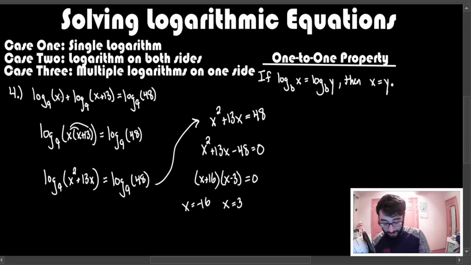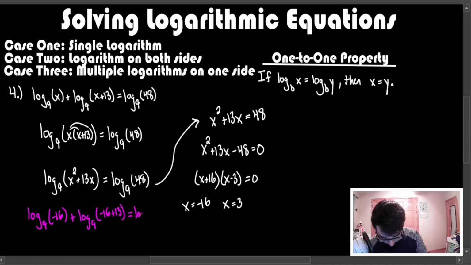Well, if I plug negative 16 in for x, I would get log base 9 of negative 16 plus log base 9 of negative 16 plus 13 is equal to log base 9 of 48.